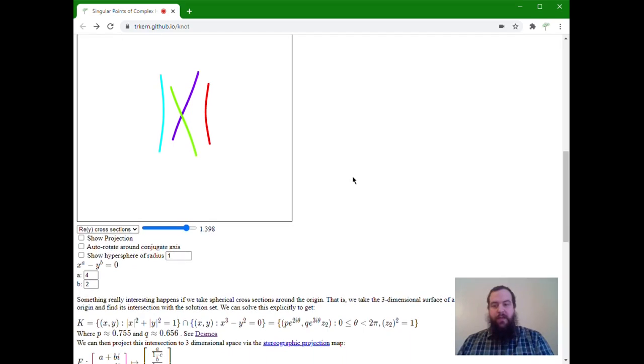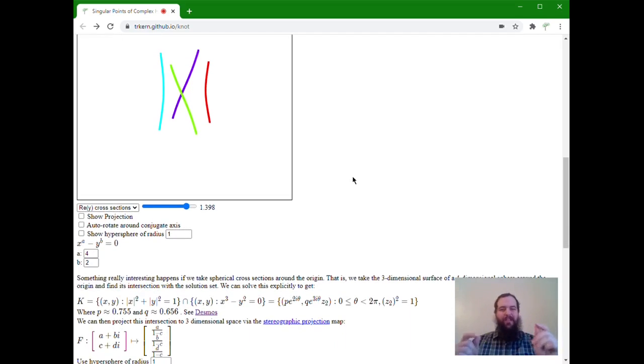So let's visualize that, though we need to be a little bit careful. One of the really nice things is that we can explicitly solve for what these solutions look like. Here, we're taking the intersection of the unit hypersphere, just the points x and y whose magnitudes squared, when we add them together, give 1. That's what it means to be the surface of the unit hypersphere.